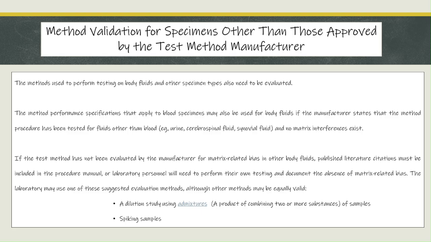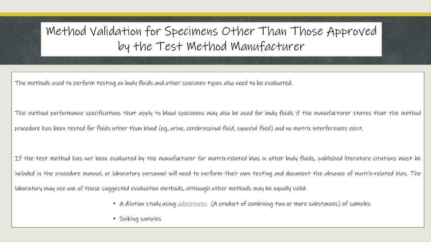Method validation for specimens other than those approved by the test method manufacturer. The methods used to perform testing on body fluids and other specimen types also need to be evaluated. The method performance specifications that apply to blood specimens may also be used for body fluids if the manufacturer states that the method procedure has been tested for fluids other than blood, e.g., urine, cerebrospinal fluid, synovial fluid, and no matrix interferences exist.